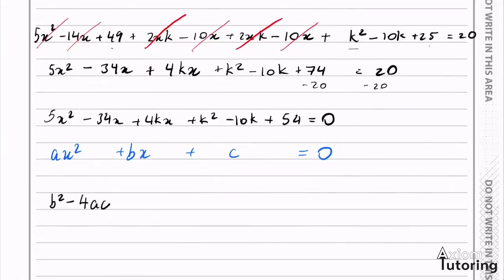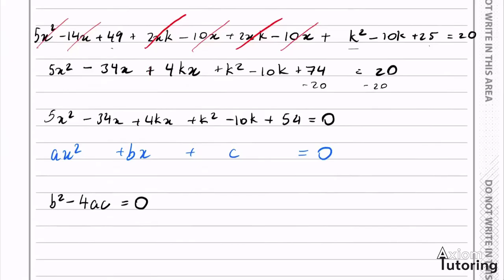And when that is equal to 0, we only get one value. So we should only get one value for k, which is a tangent.